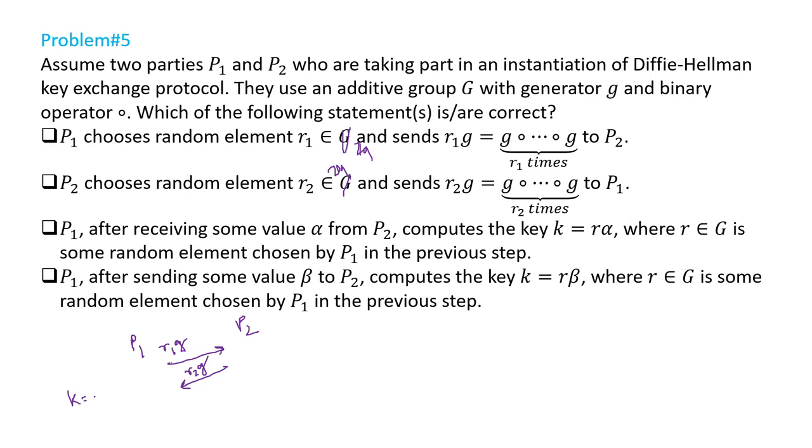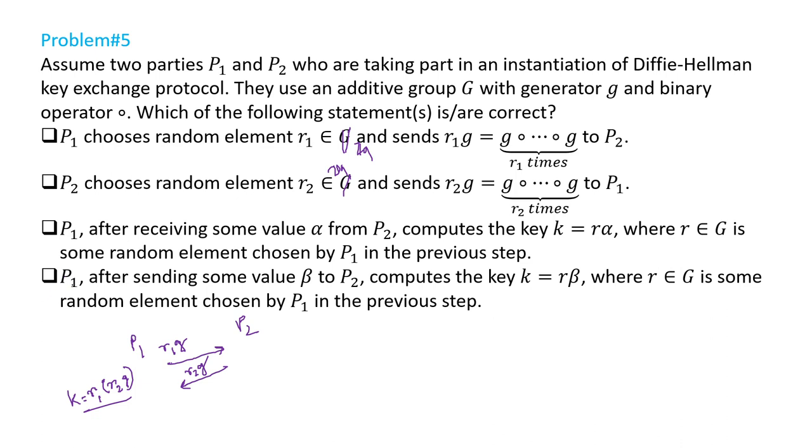Alpha is R2G that is received from P2, so R1 into R2G is the key K according to the third statement.